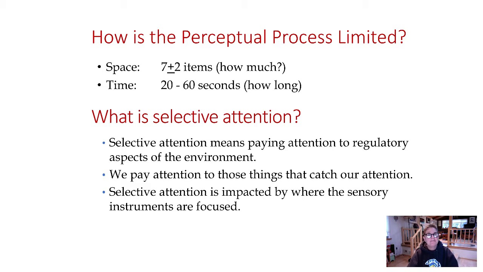People that have hyperactivity disorders may not be as good at picking out the relevant factors, may be distracted by irrelevant factors, but this limitation still exists. So if I'm paying attention to irrelevant factors, then I don't have enough space for possibly what might be relevant.